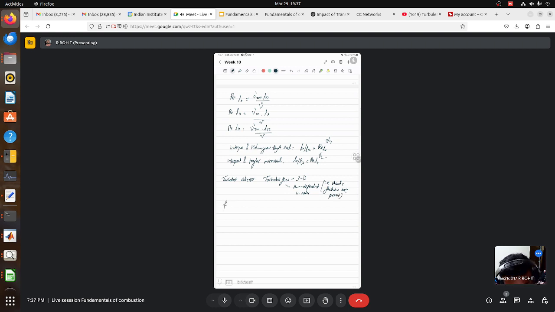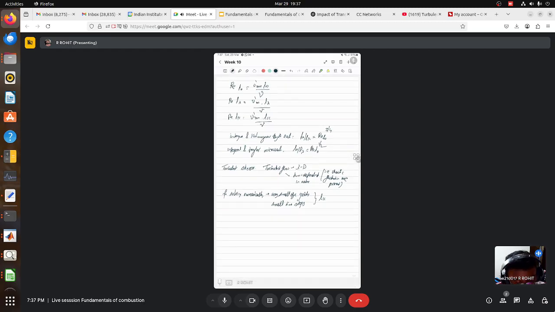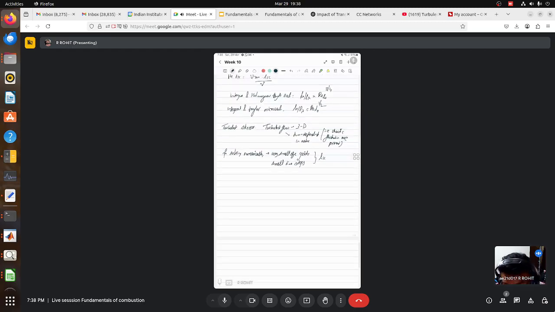For solving numerically, very small size grids and small time steps are used. In order to capture the Kolmogorov scale, you need to have a very fine grid, and very fine time steps to capture that.